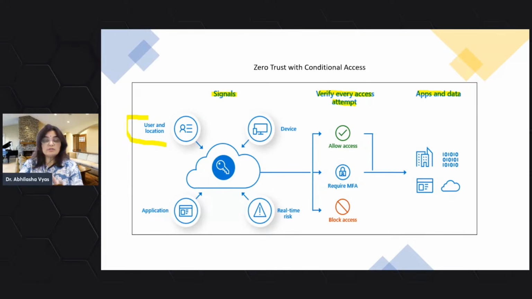Zero trust with conditional access gives us the power to manage the access we are giving, the limited access we are giving, and completely block the access for the user.